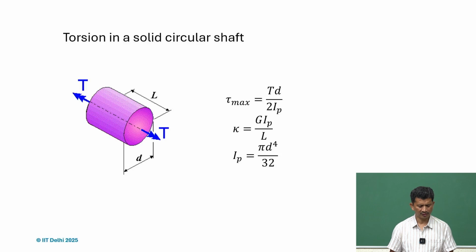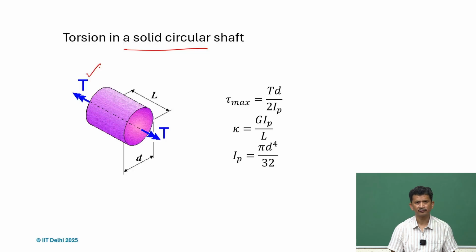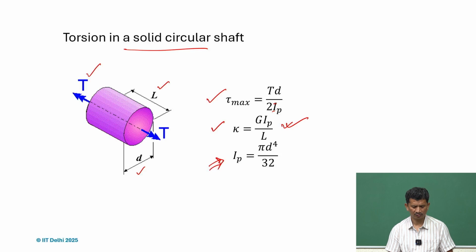So, if you want to compare, we can quickly go through that. We just talk about a solid circular shaft, and we apply a torsional load T, length L and diameter D. The shear stress will be given by Td over 2 IP, and the rotational stiffness is G IP by L, where IP is the polar moment of inertia, because it is a circular section, so pi d to the power 4 by 32.